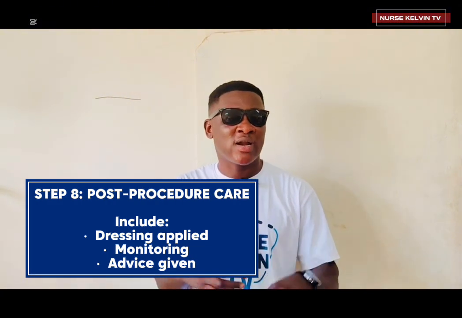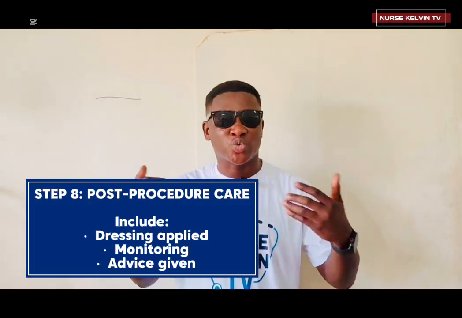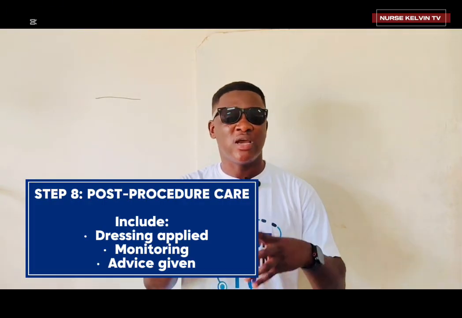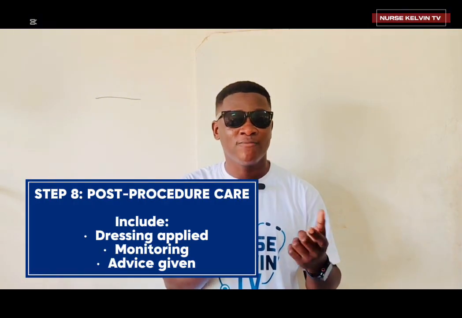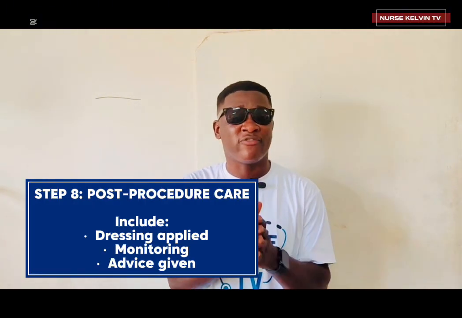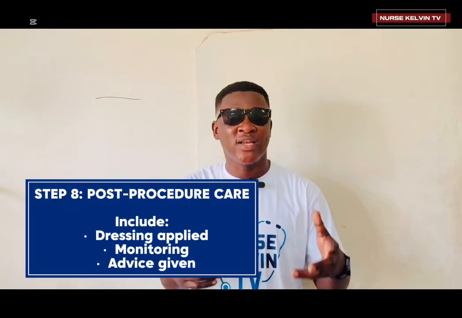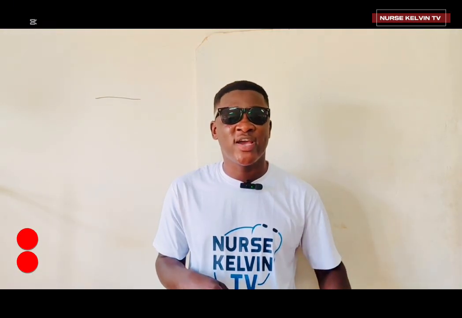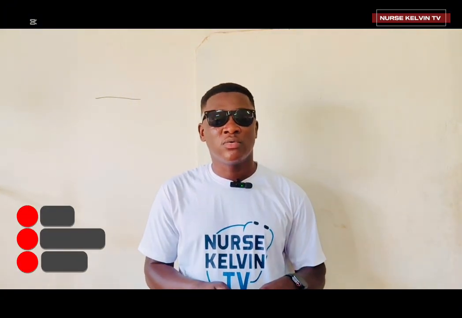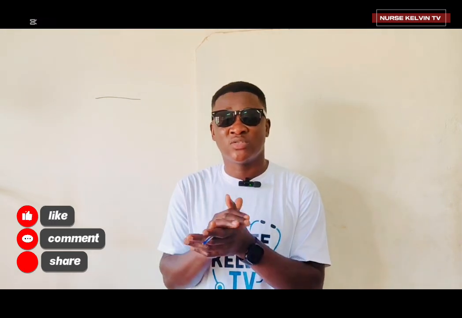All of a sudden they start sweating or feel some discomfort. You need to monitor. Then there are some people with a fracture who, when the POP is on, feel discomfort and might use a pen or something or a rope to scratch inside. That is a bad thing the patient is not supposed to do.